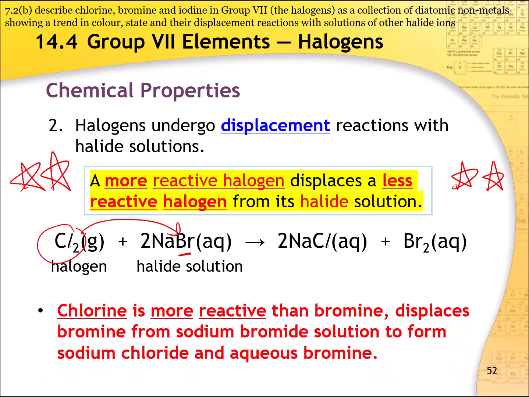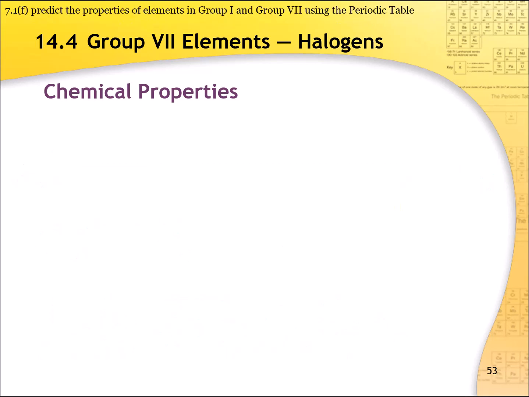I say that chlorine is more reactive than bromine. Therefore, it displaces bromine from sodium bromide to form the products, sodium chloride and aqueous bromine. I know this is quite a mouthful, but if you remember this sentence structure, it will help you a lot when answering questions. So a more reactive halogen like chlorine will displace bromine.